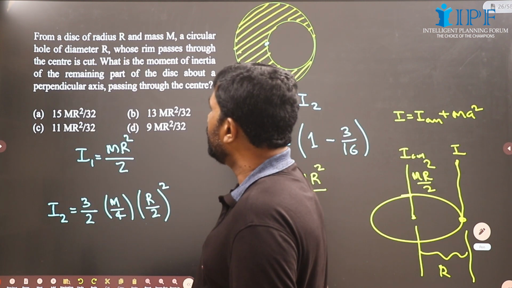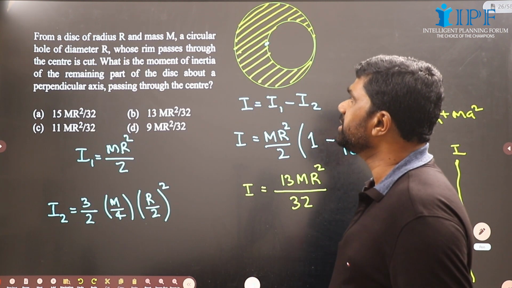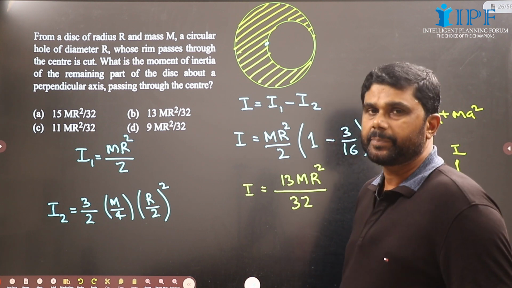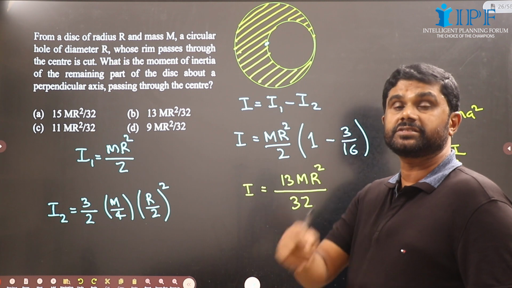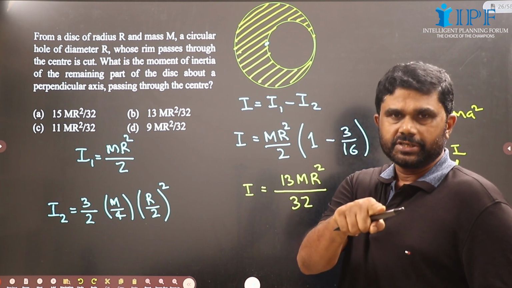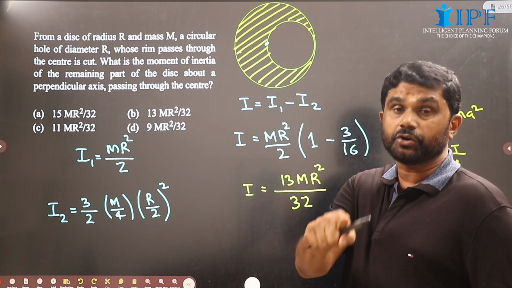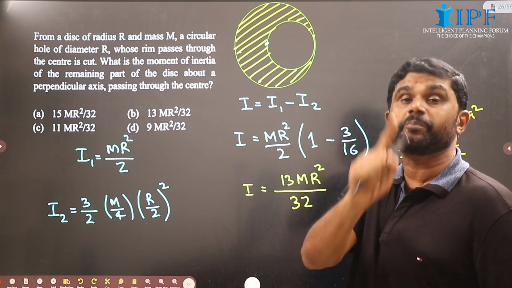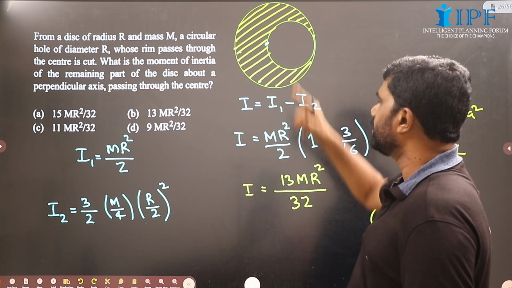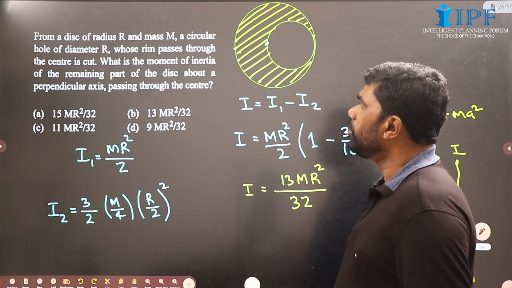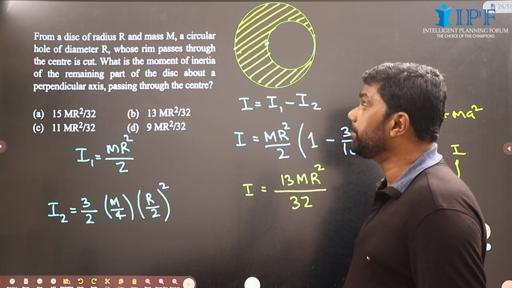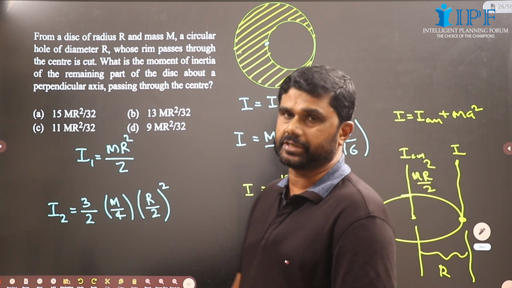Now from a disc of radius capital R and mass m, a circular hole of diameter capital R. Diameter capital R means radius R by 2. From a disc of radius capital R, another disc of radius R by 2 is removed, like this. What is the moment of inertia of the remaining part of the disc about a perpendicular axis passing through the center?